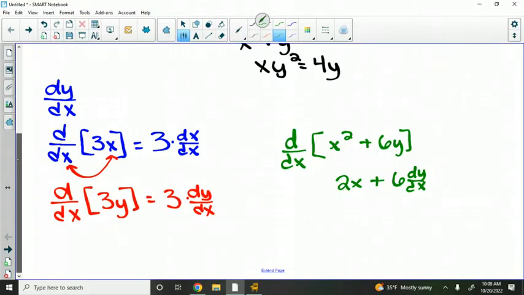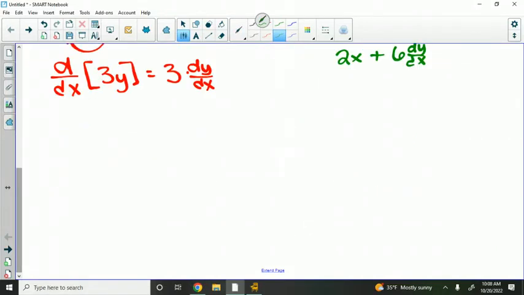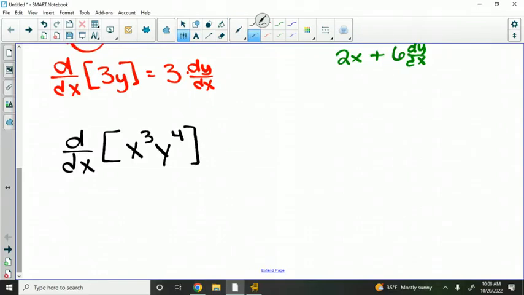Okay, now this next one I'm going to show you is the one we always have to be careful of. People always float by this without thinking too much about it. Let's find the derivative with respect to x of x cubed y to the fourth. Don't we have two things that are being multiplied together? So overall, this is going to be a product rule.